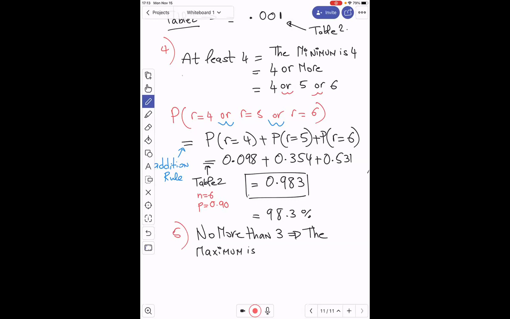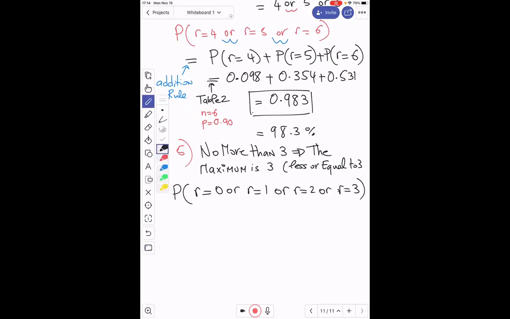So then R can be equal to 0. Don't forget 0, because you can have 0 successes, or R is 1, or R is 2, or the maximum, which is 3. Again, this is less than or equal to 3.